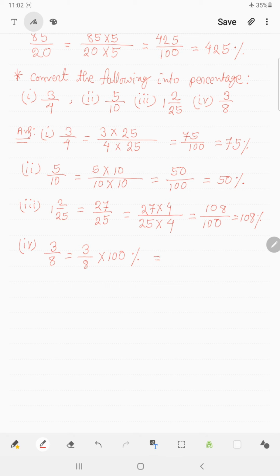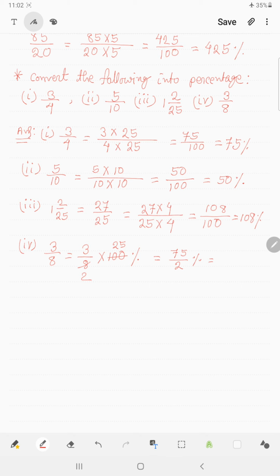Then you do the simplification here, 4 into 8 is 8, and 4 into 25 is 100. Then we are getting here 75 by 2. I hope that all of you understood. Now 75 by 2, you can convert this into a mixed number also.